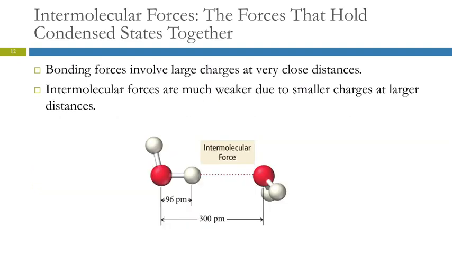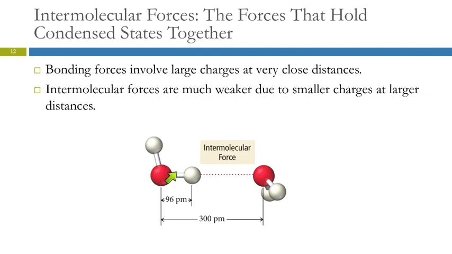So bonding forces that we talked about in the previous 2 chapters, those involve large charges at very short distances. Intermolecular forces are a lot weaker because we've got smaller charges at greater distances. So here's a water molecule, and the bond between oxygen and hydrogen, the distance between these two atoms is about 96 picometers.